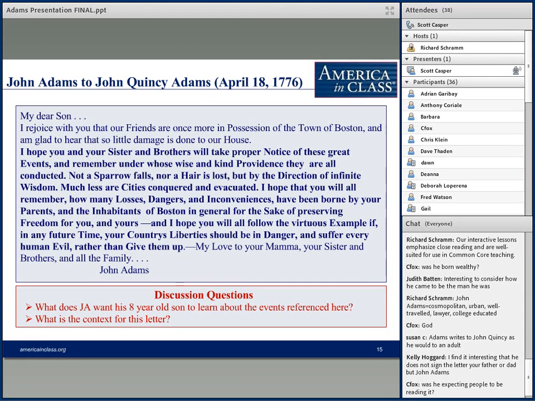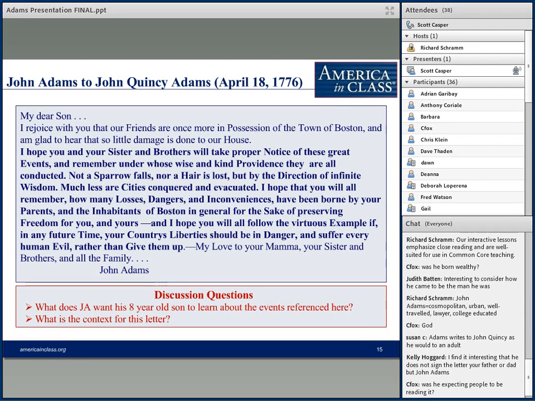I have a good question here, Scott. Was John Adams expecting people to read this letter, or did he expect it to be read just by his family? He would have expected this to be read by his family, not just by John Quincy, but potentially also by his wife Abigail, by their other children, if their other children could read and write at this point.